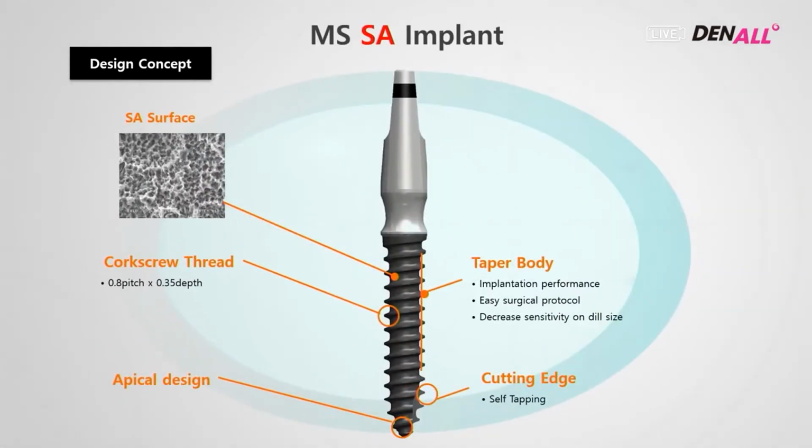And this is the MS implant. This is a one-body type, very sharp, and it has a tapered body, so you can increase initial stability. And because it's one body, placing the abutment or linking the impression coping can be simplified.